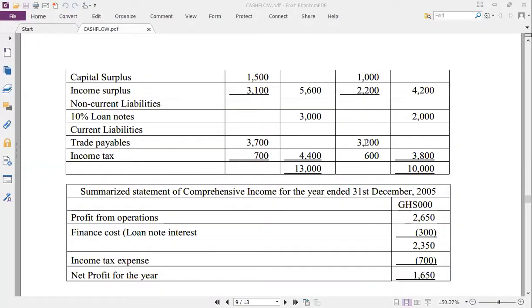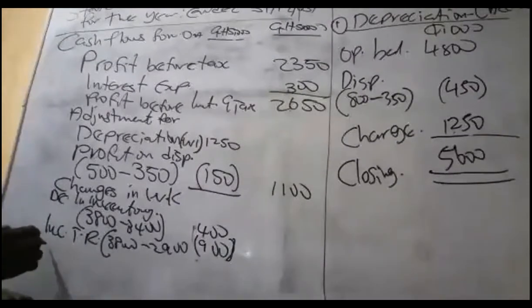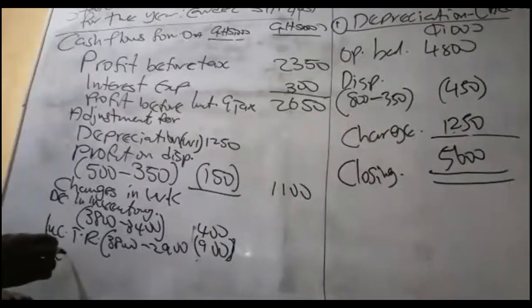Trade payable has increased from 3,200 to 3,700, an inflow of 500. So what we are interested in is increase in trade payable.